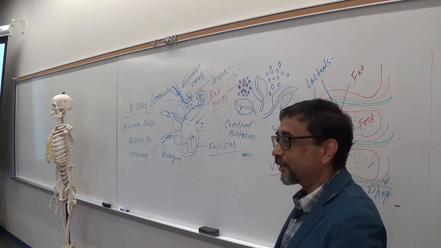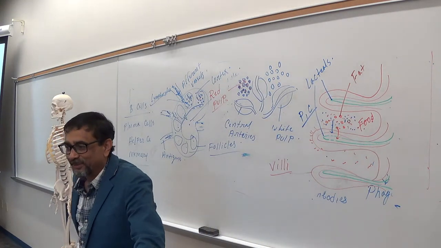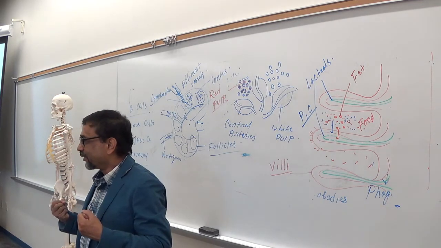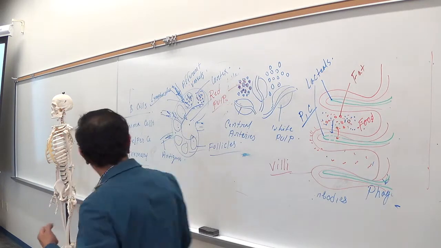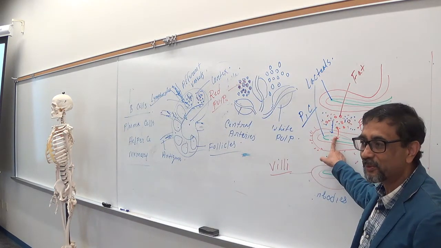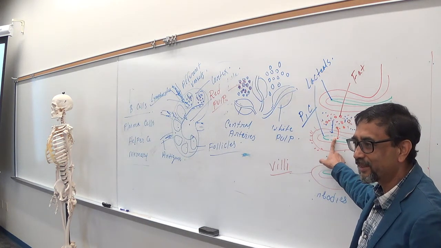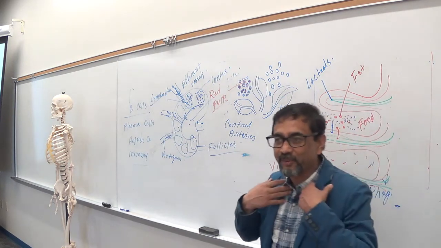Now you may think that nutrients should enter into the blood, not into the lymph, right? Proteins, carbohydrates, fats should enter into the blood. But it is not a problem because we know that finally lymph is given to subclavian vein, right? That means what? Into the blood. Subclavian vein means blood, right?